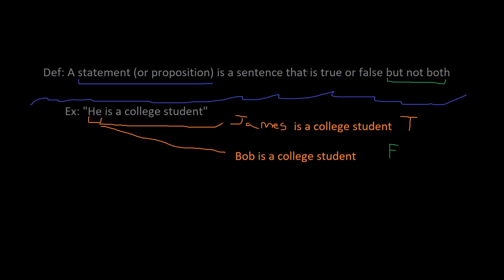And so what can we get out of this? I'm going to explain to you how to make this sentence better. If this sentence had pronouns that made it clear, then the sentence would be a statement. But as it is, it's neither true nor false, so it is not a statement.